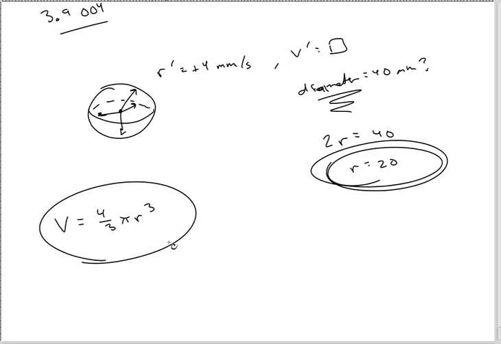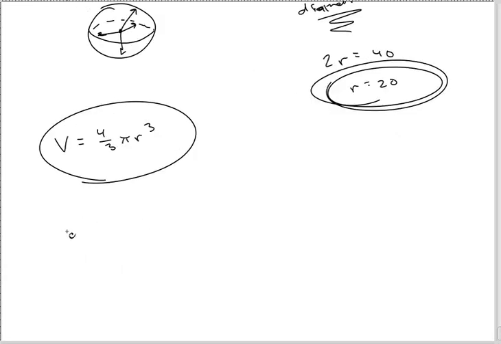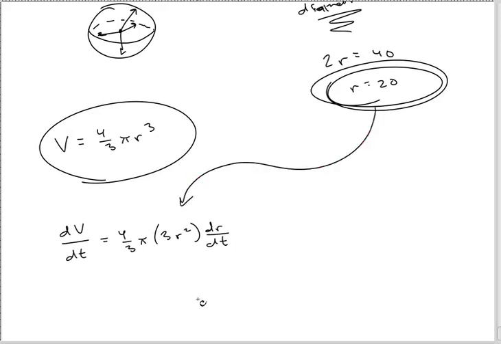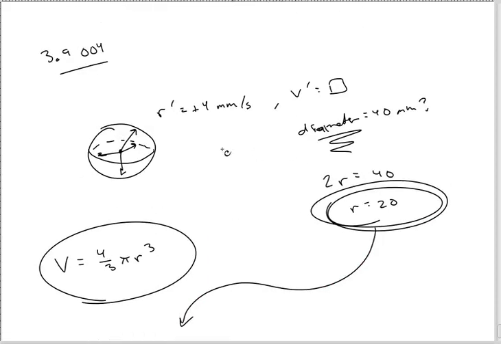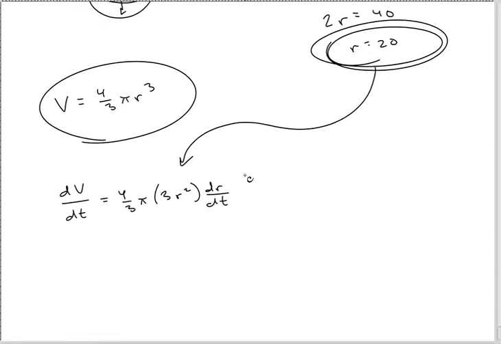So there you go. Now that we have it, let's find some derivatives. dV/dt is equal to 4/3 pi, and then I have the 3 come down. Now it's r squared dr/dt. Well, I have my r is 20. I have my r prime is 4.